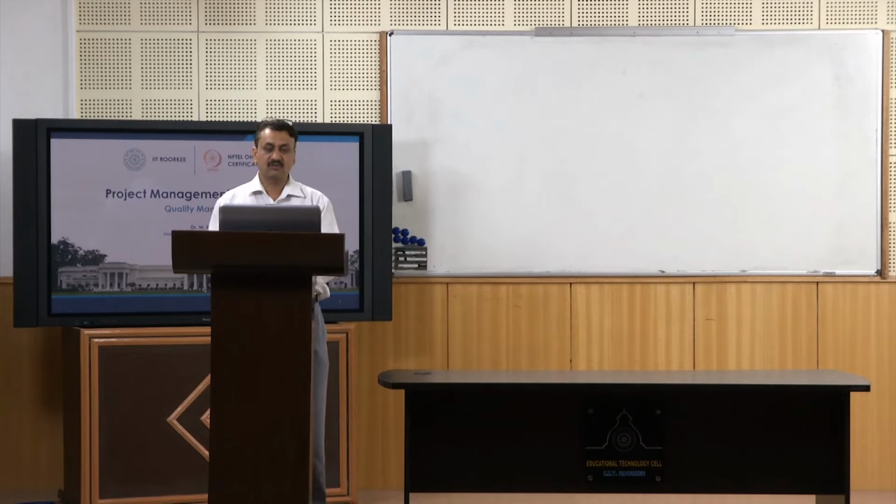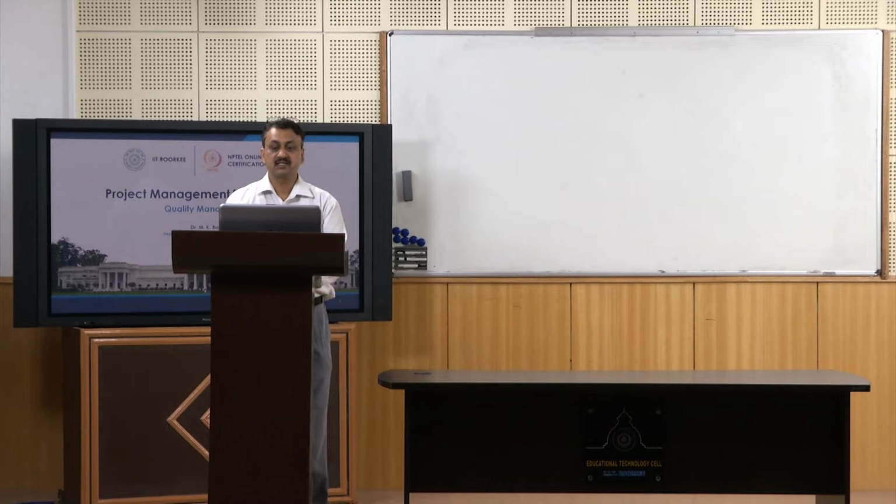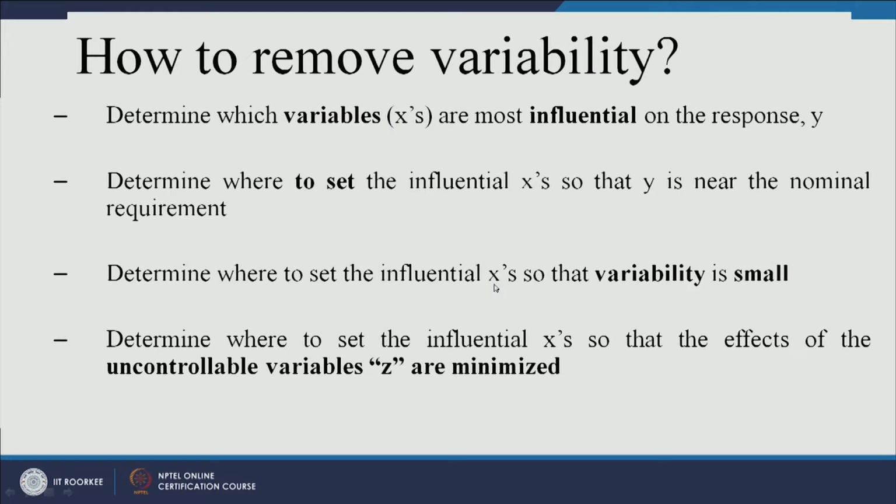So, you can have several values of y. y is your response variable, right? Once you know which are the most influential variables, you need to set these influential variables in such a way that y is near the nominal requirement, right? We should determine where to set the influential variables so that variability is small. This is our objective. And we want to set the x variables in such a way that the effect of the z, which are uncontrollable variables, is minimized, right?